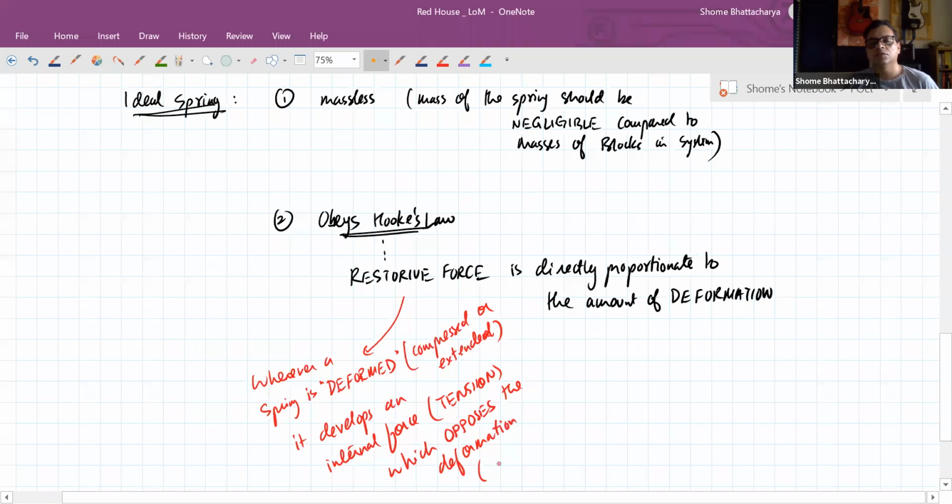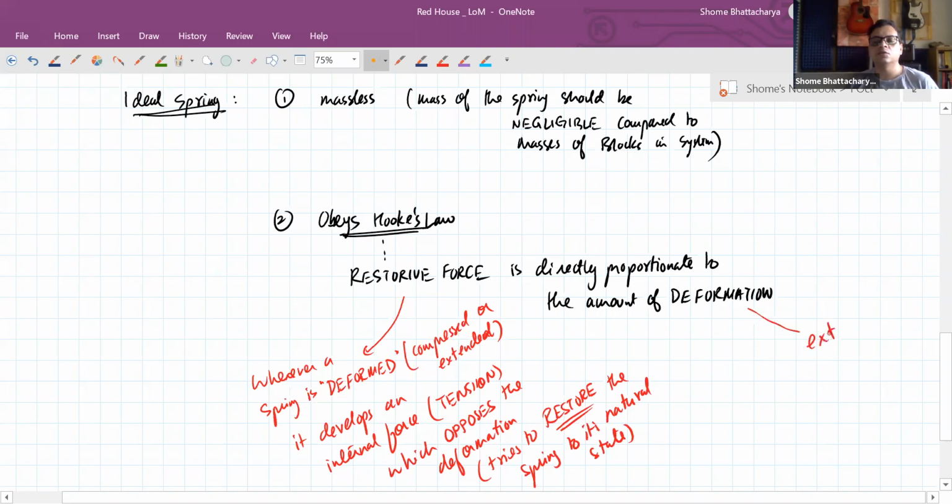In other words, it tries to restore the spring to its natural length. So that force is called the restorative force. And by deformation, we mean either the amount of extension or the compression.